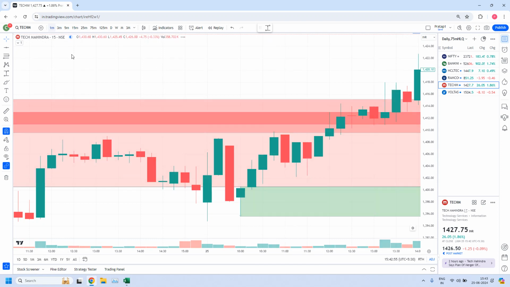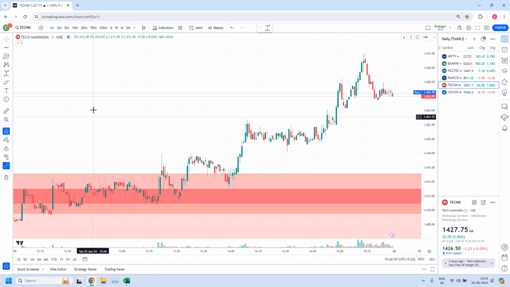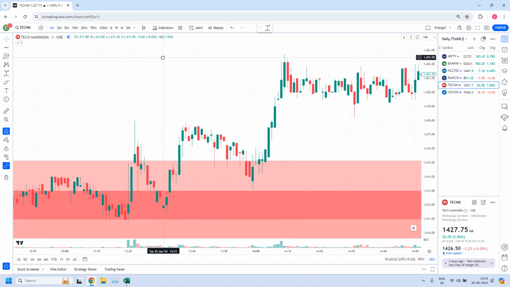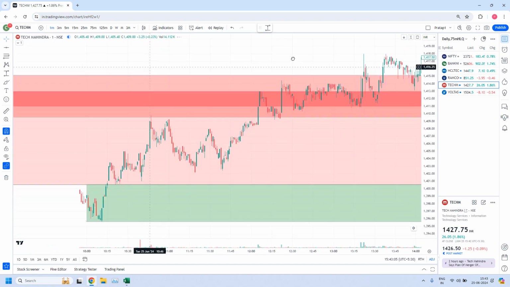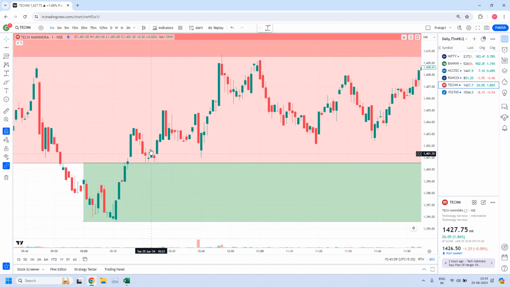If you go to the 1 minute time frame, you will understand. In the 1 minute time frame, there is strong order flow within this area.